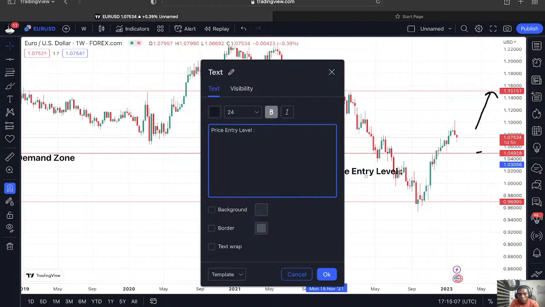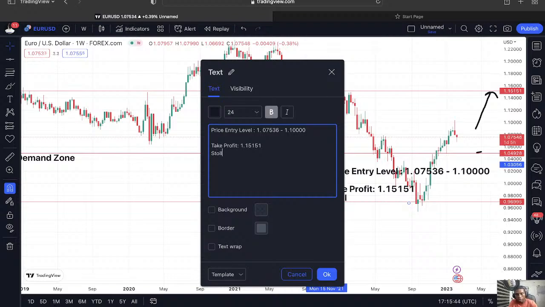Our price entry level would be around here, then take profit would be around 1.15151.